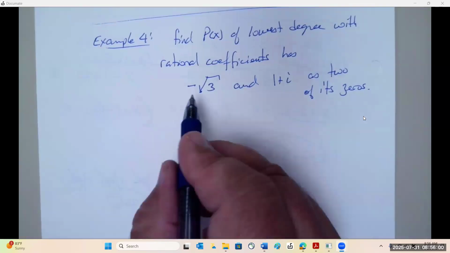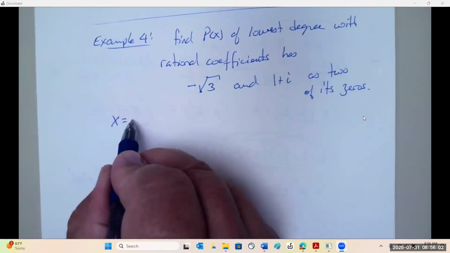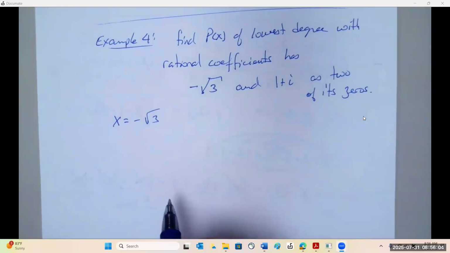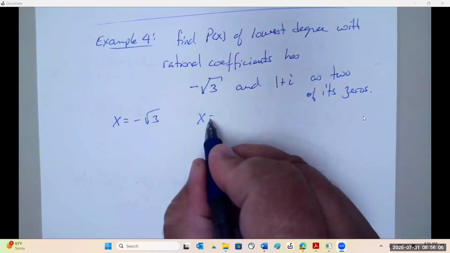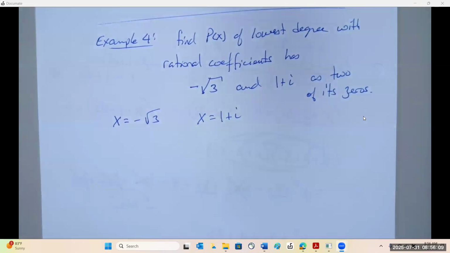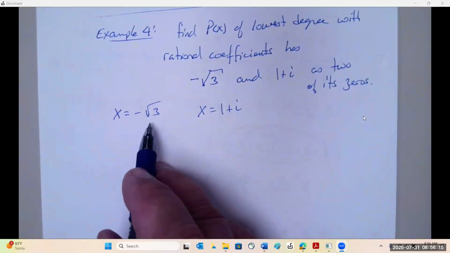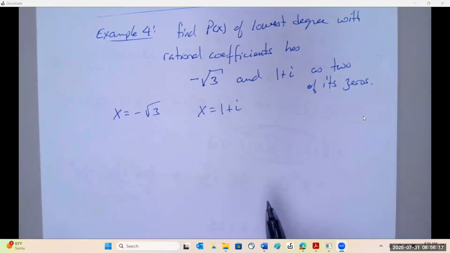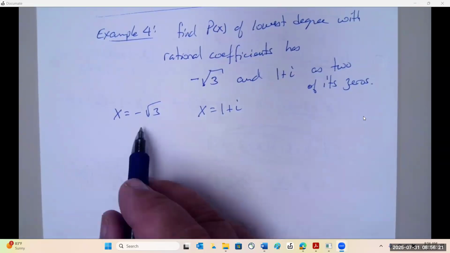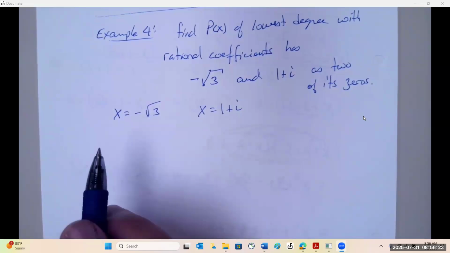So what do we know so far? We know that x is equal to negative radical 3, and we know that x is equal to 1 plus I as 2 of its zeros. Anytime you have radicals or imaginaries, you have to have its conjugate pair. So what is the conjugate pair of the first one?